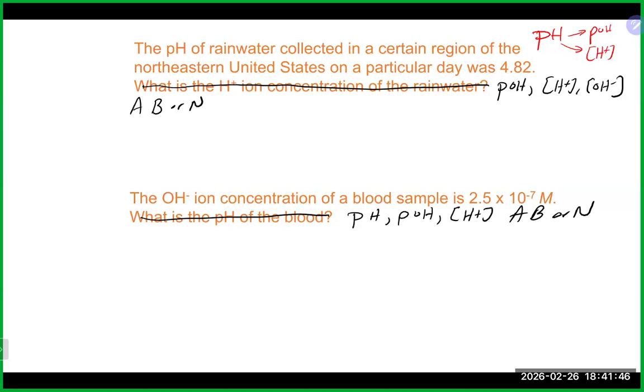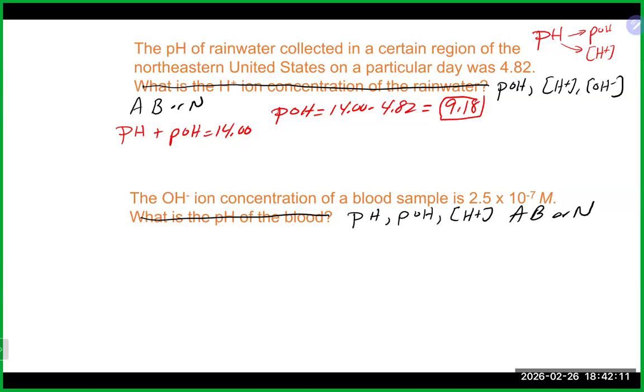I'm going to just get the pOH here. So the pH plus the pOH is going to equal 14. That means my pOH will equal 14 minus my pH, which is 4.82. And that's going to get me a pOH of 9.18.